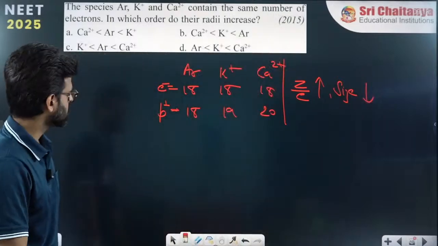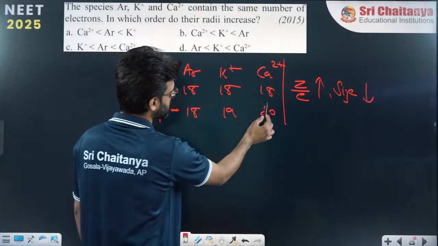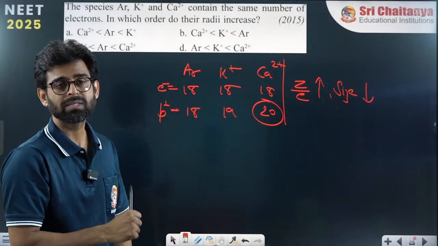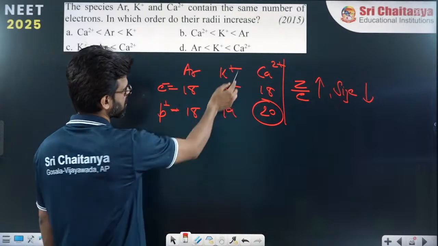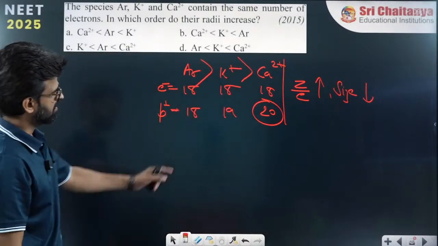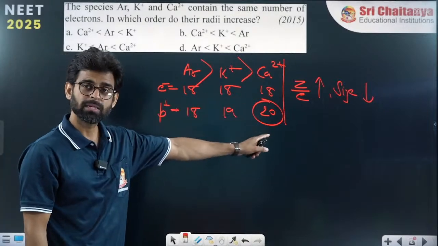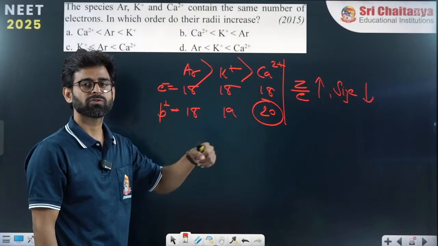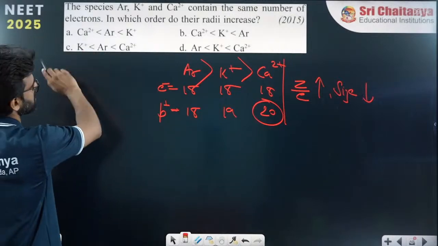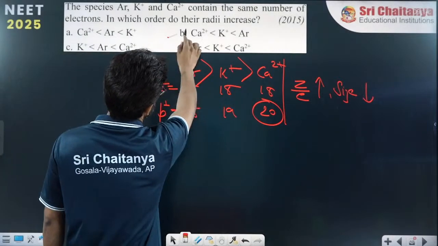By this logic, 20 protons are attracting 18 electrons very strongly. More pull, more Z effective, and that causes a decrease in size. So this is the order. When electrons are the same and protons are more, size becomes less because of strong nuclear force. So which should be the answer? Yes, this should be our answer.